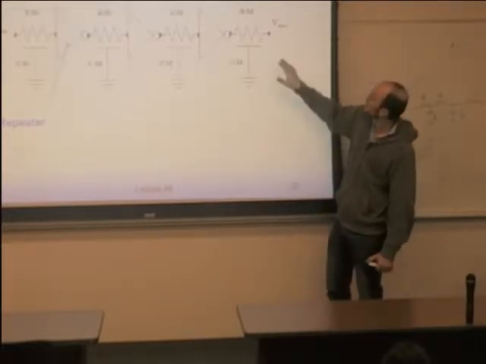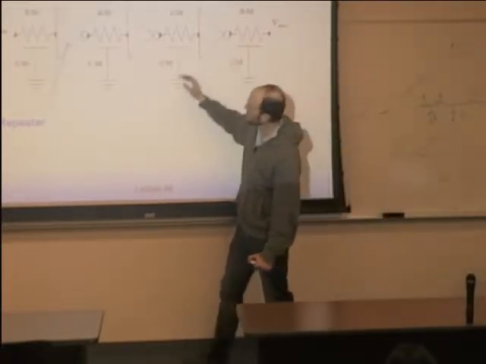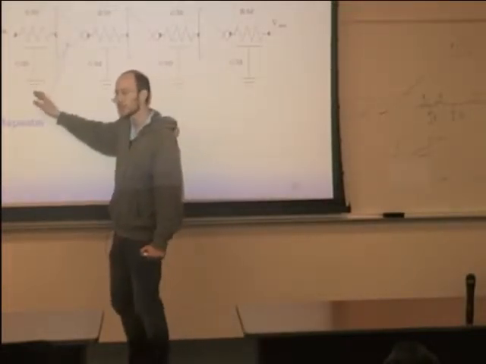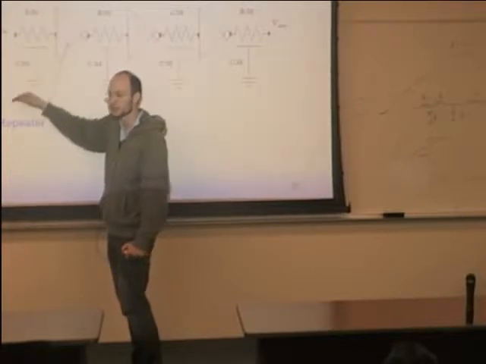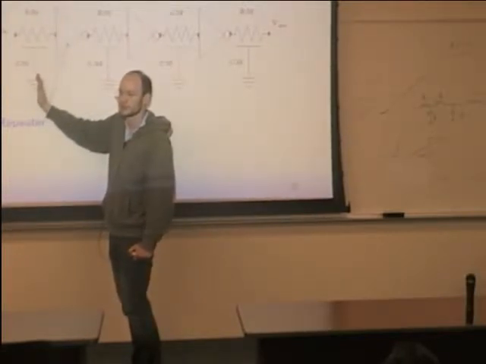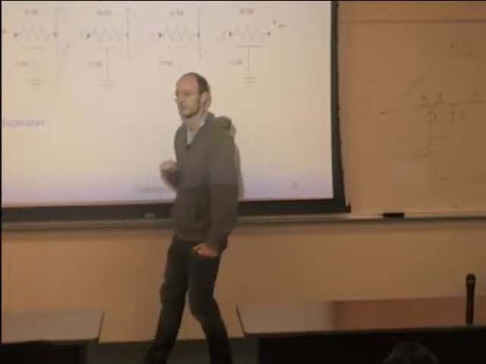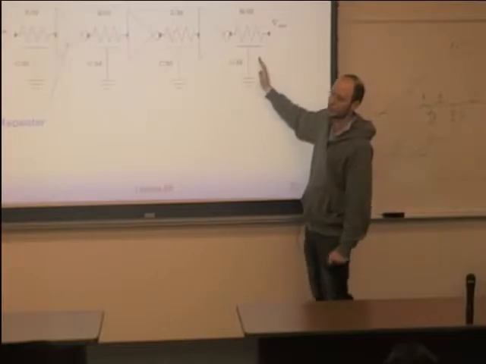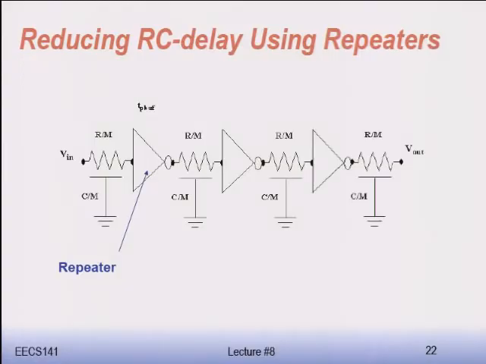Now, because I made the section 1/mth of the length, the delay of the section is actually 1/m squared of what it was before. And so overall, the delay is only 1/mth of before. Does this make sense?